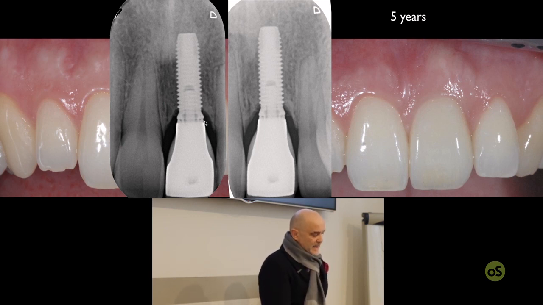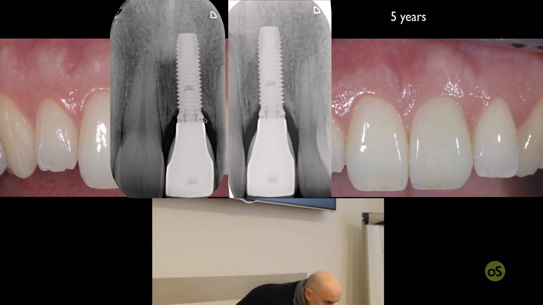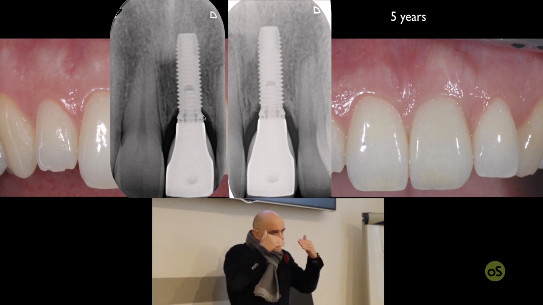The bone should be at the level of, this is a bone level implant, so the bone theoretically should be at the level of the implant head. While if you look carefully, the bone resorbed a bit, let's say 1 millimeter with respect to the ideal position.